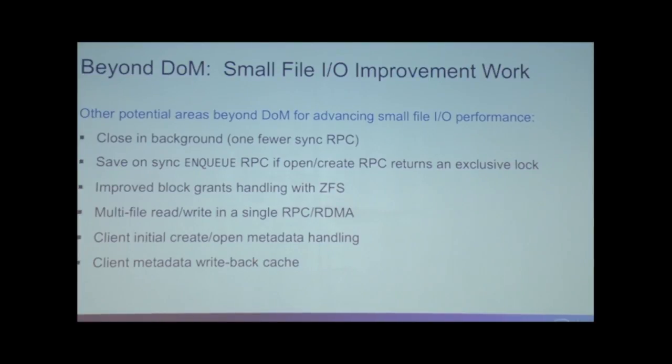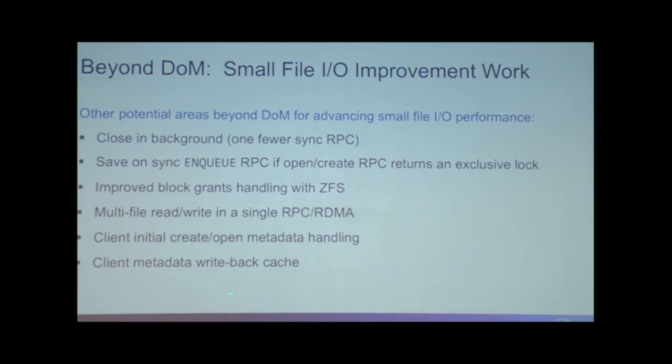So that'll save RPCs as well. There is an idea around multi-file read-write in a single RPC, which should help with the bottleneck around the write RPCs. We have an idea around the client initial create and open handling metadata, so that'll really help with create bursts for small files.